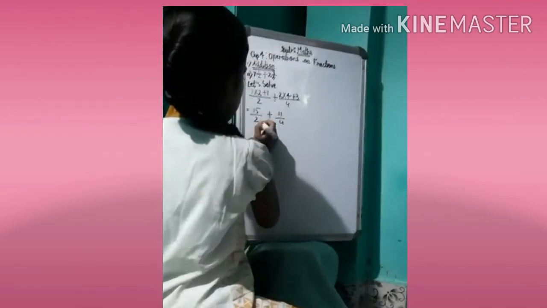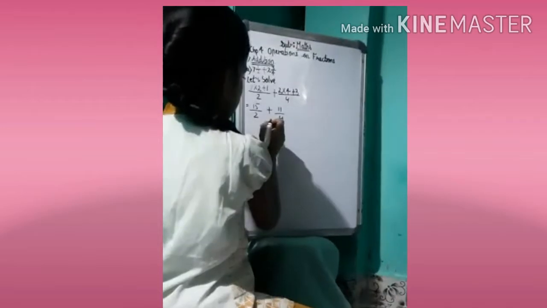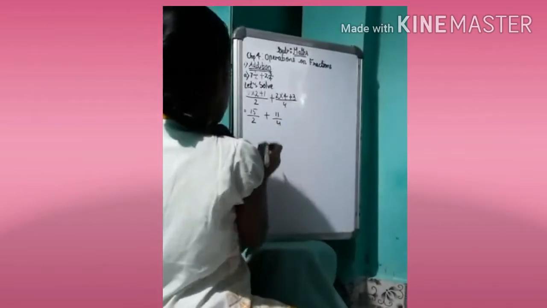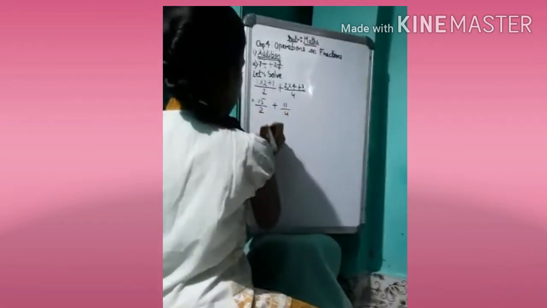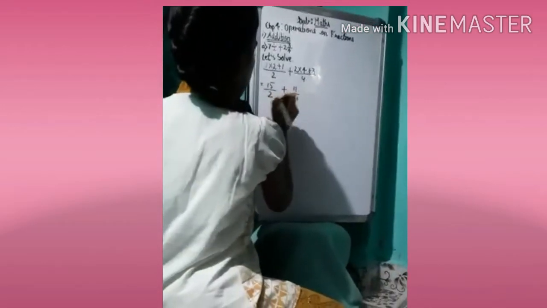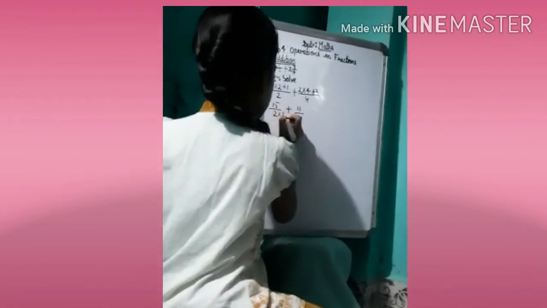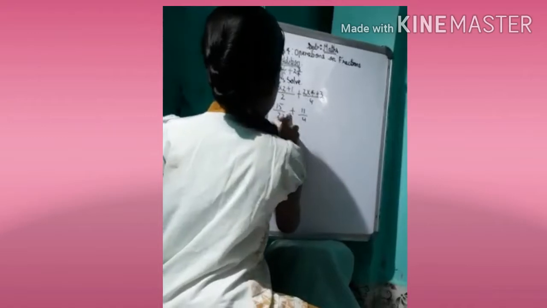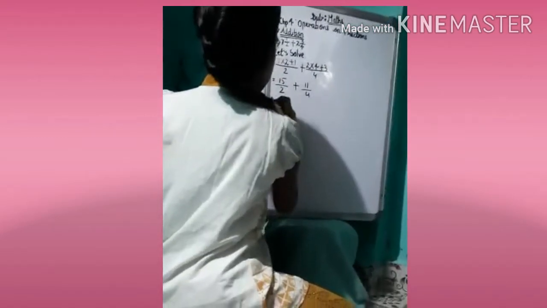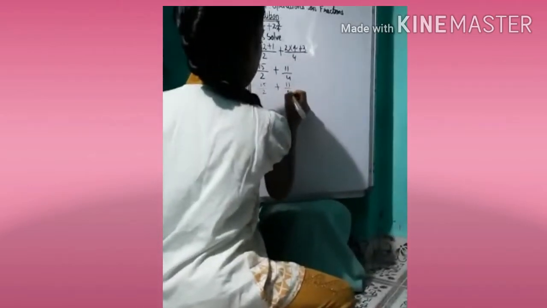Now you can notice here that both fraction denominators are different. This is small and this is big. How many times does it go? It goes 2 2s is 4. Now we will write down again 15/2 plus 11/4.